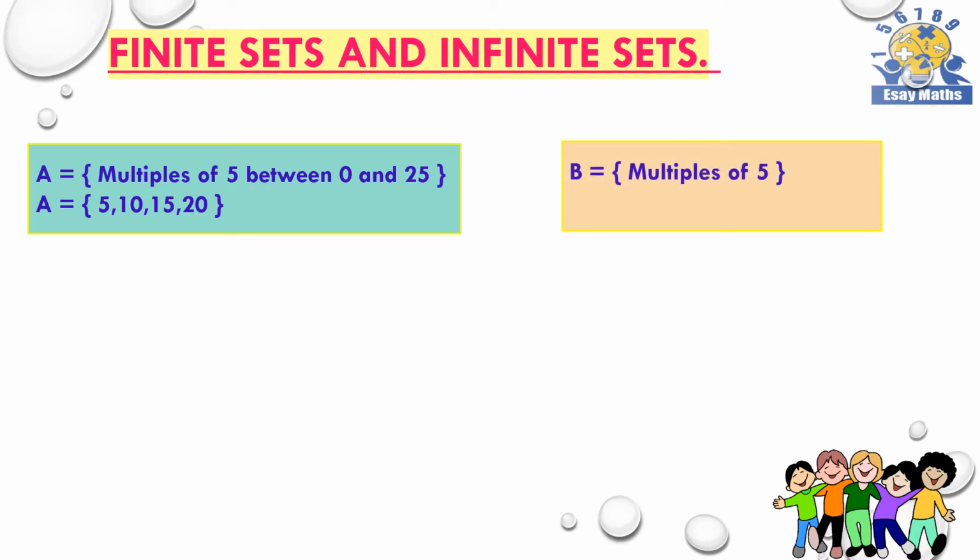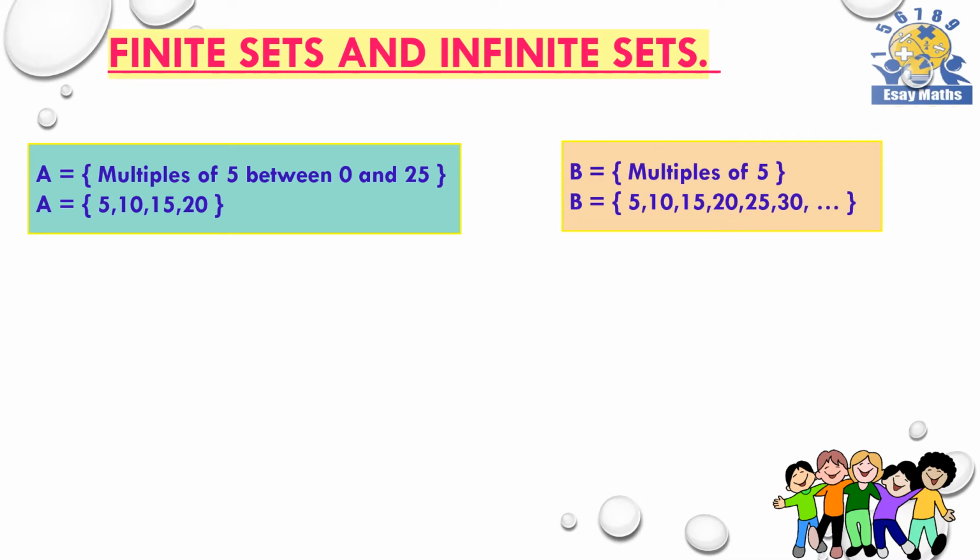Now I am considering the set B, multiples of 5. Okay, what are the elements? 5, 10, 15, 20, 25, 30 and so on. It means we can write so many elements. There is no end point.